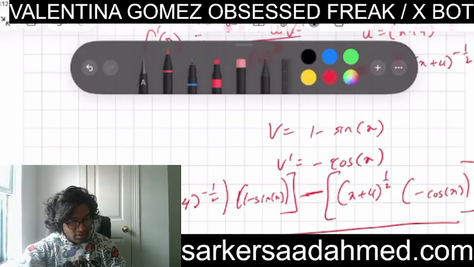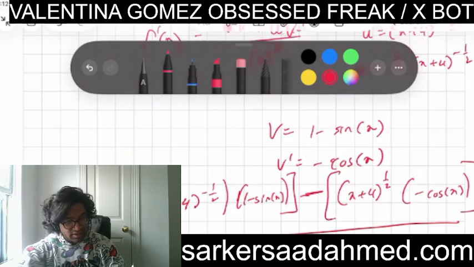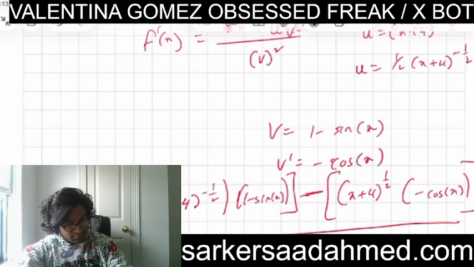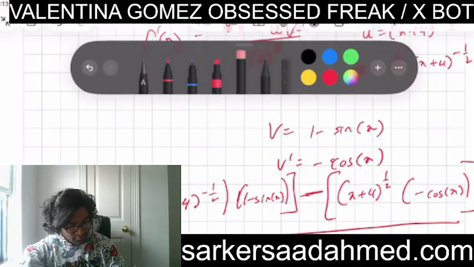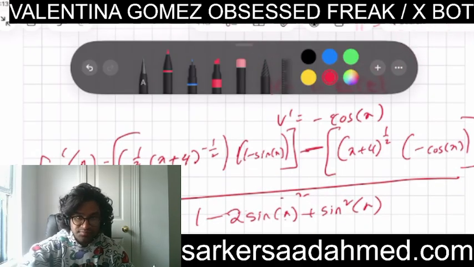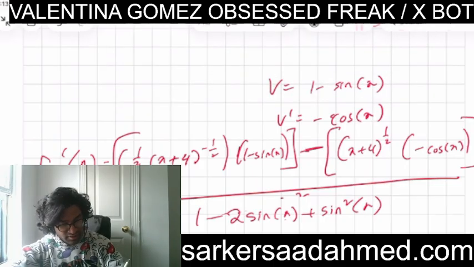So this is 1 minus 2 sine x plus sine square x. And then you're going to do the differentiation. I'm going to make it easy actually.